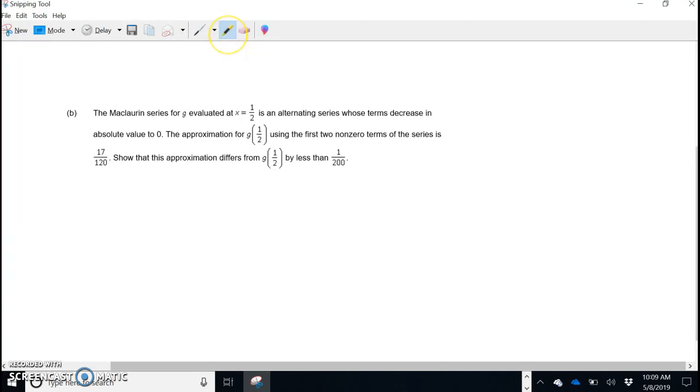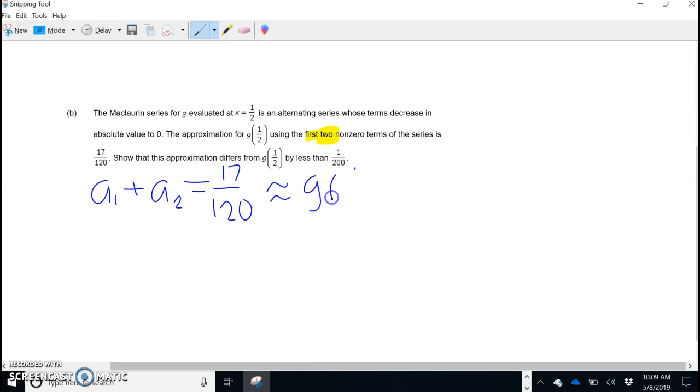The key here is that the approximation that's given has been created with two terms. So they are taking this series and using A1 and A2 to get this approximation. What this is arriving at is that A1 plus A2 is 17/120ths, and that's the approximation that they've generated for the G of 1/2 that's being given.